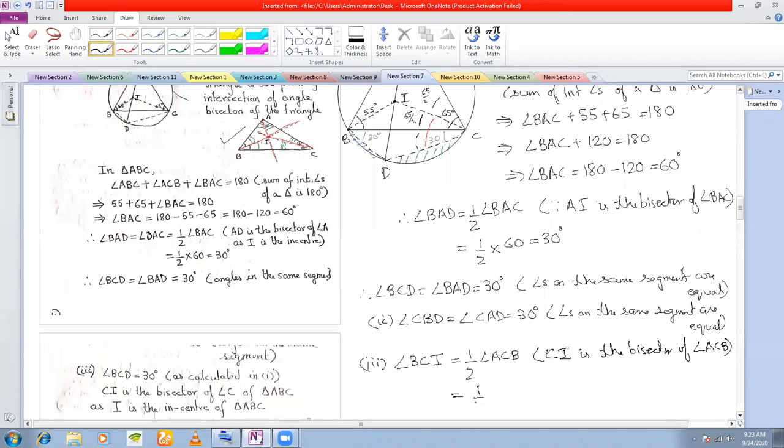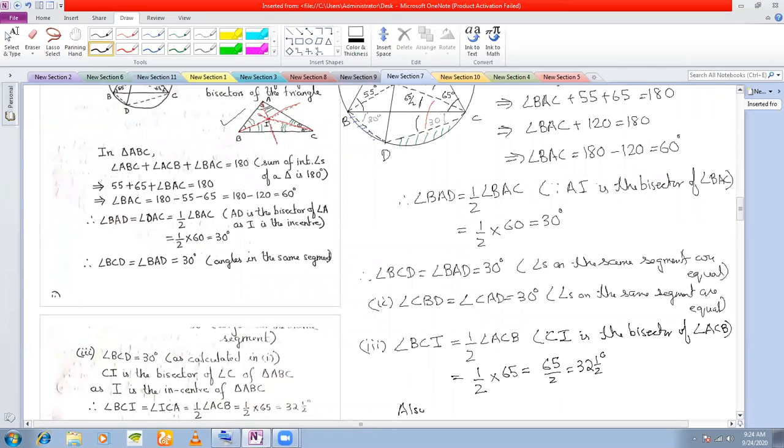So this is half into 65, which is 32 and a half degree. And we already know angle BCD. We have already calculated angle BCD to be 30 degree.